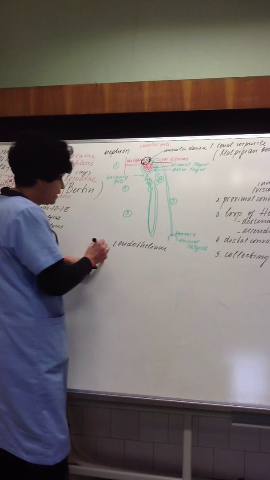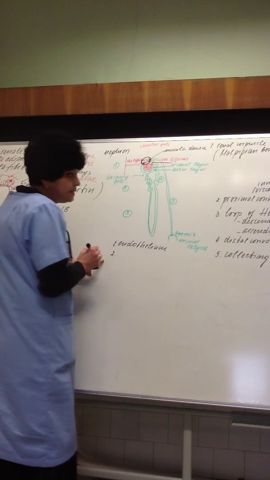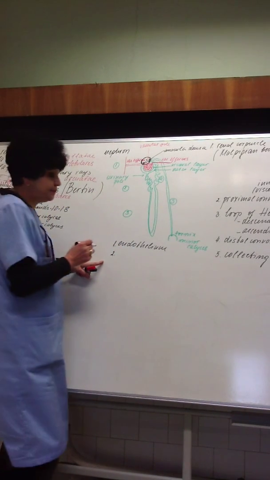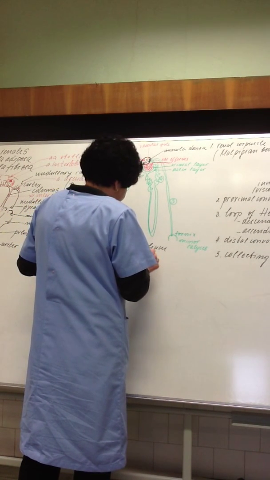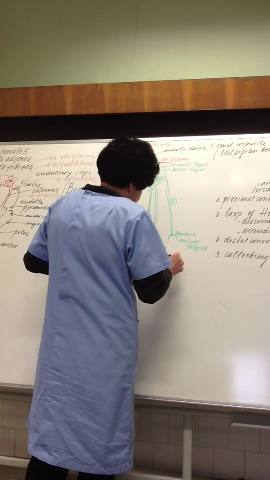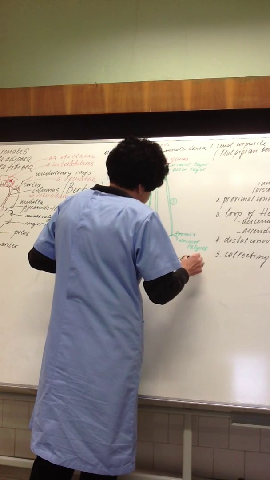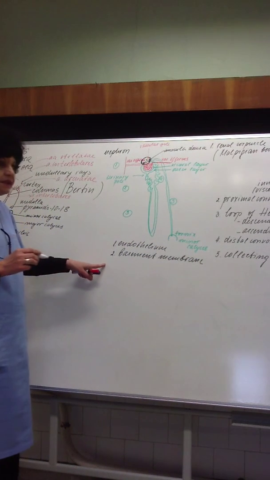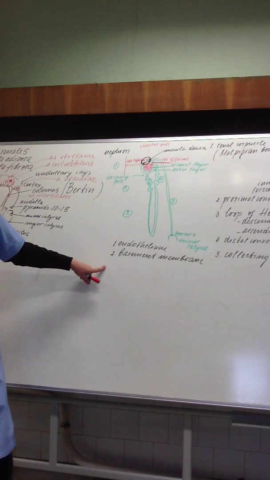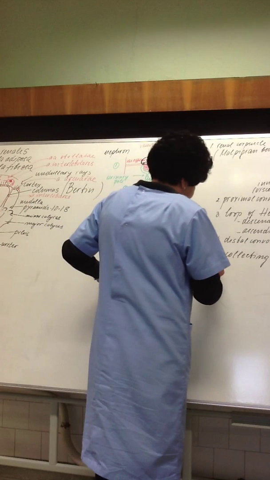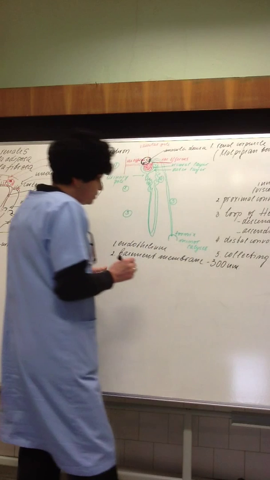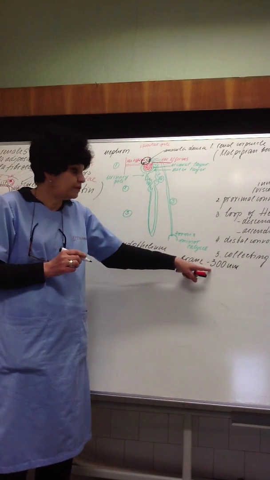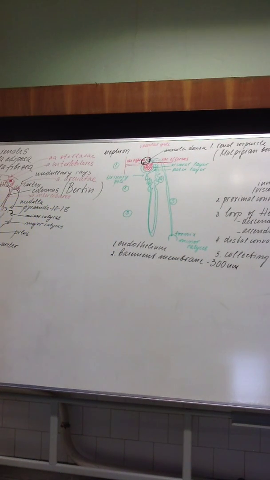The next component is the basement membrane. Extremely thick basement membrane, around 300 nanometers. Usually, a basement membrane is about 100 nanometers.